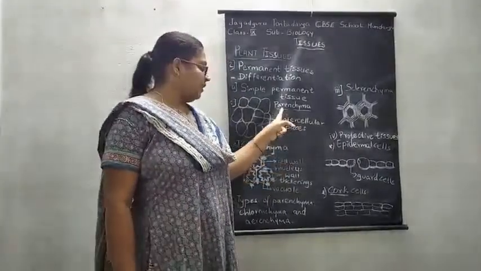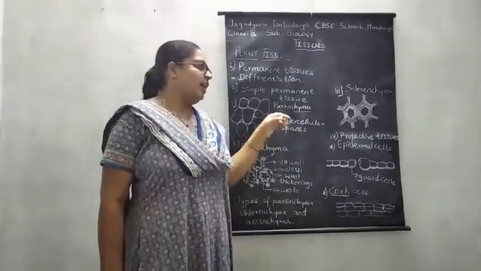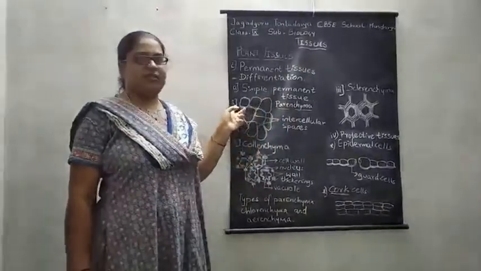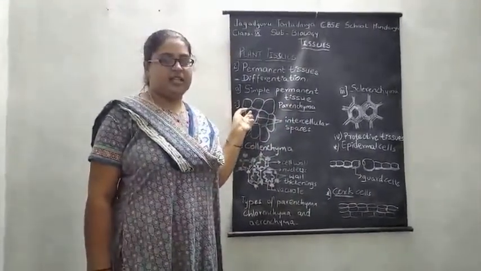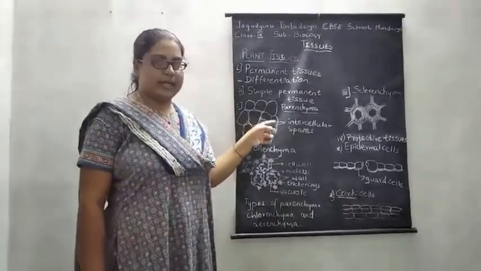The first type is called parenchyma tissue. In that, these cells are oval in shape, and they have a loosely arranged structure.